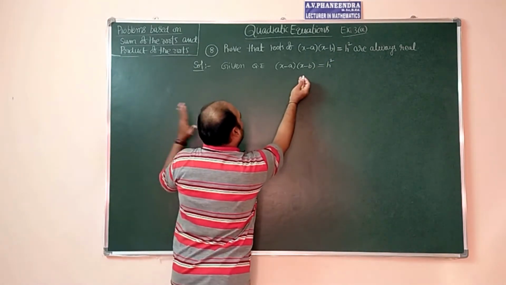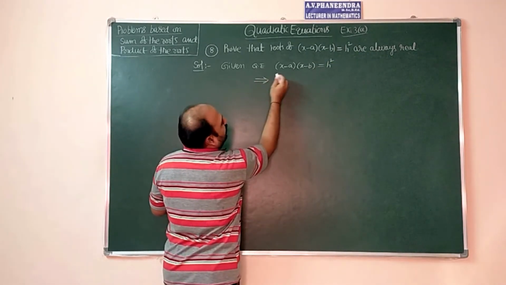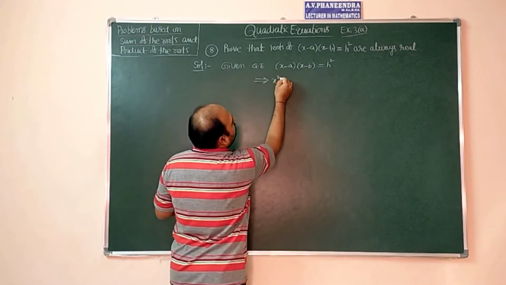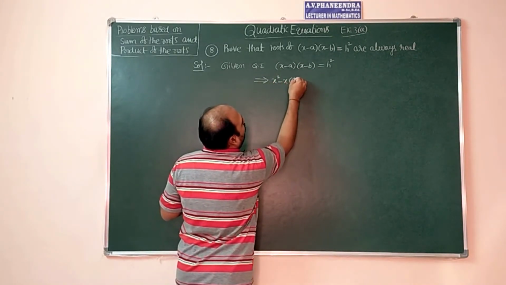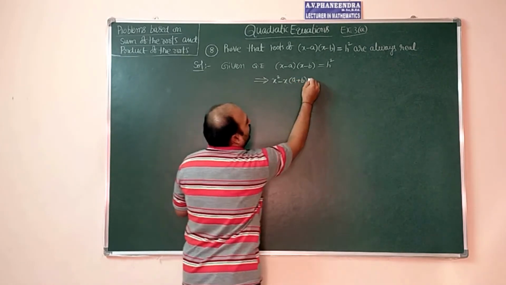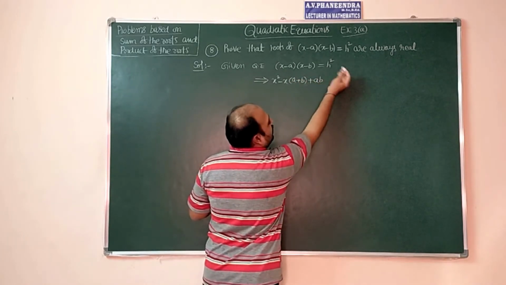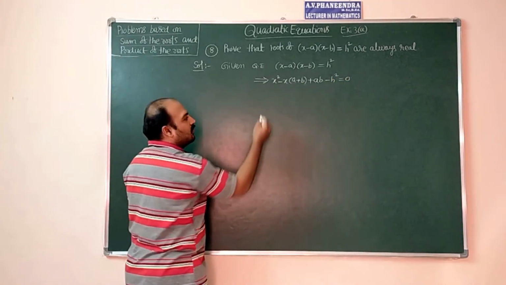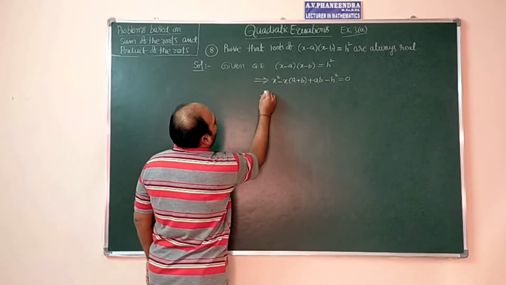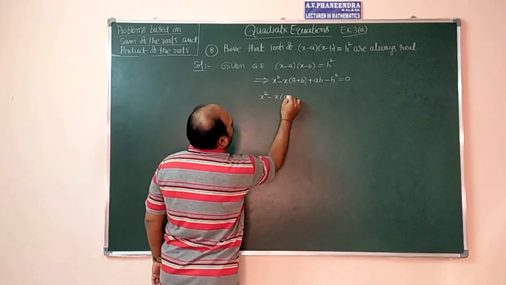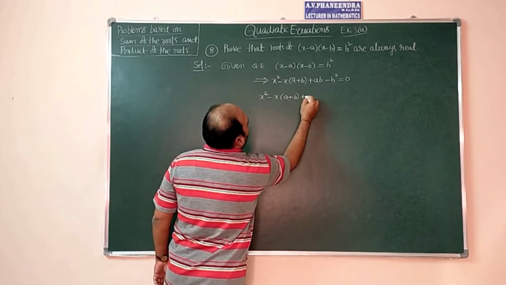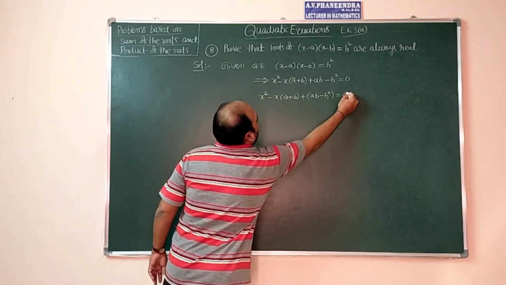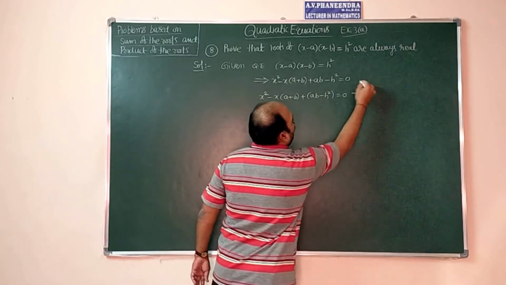Simplify this LHS. It is in the form of (x - alpha)(x - beta), so we can write x² - x(a + b) + ab. That h², you take this side: minus h² equals 0. Now it is in the form x² - x(a + b) + ab - h² = 0. Equation number 1.